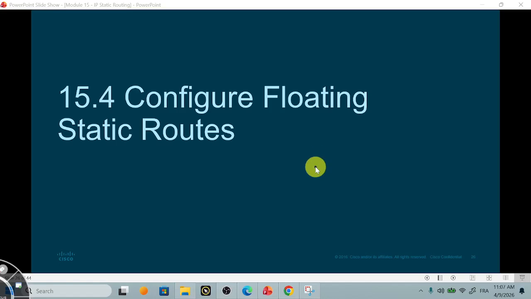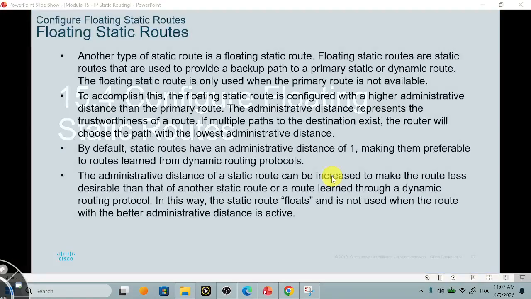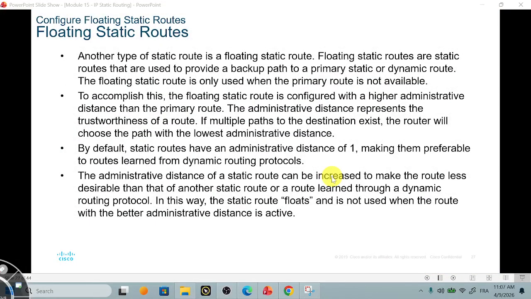Now how to configure a floating static route. What does floating mean? Another type of static route is a floating static route. Floating static routes are static routes that are used to provide a backup path to a primary static or dynamic route.